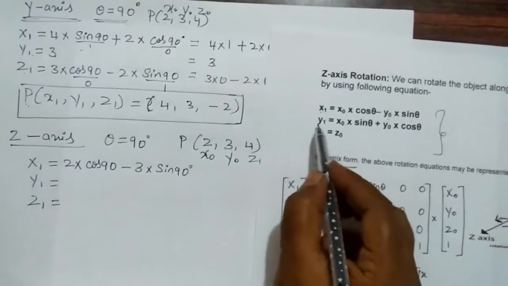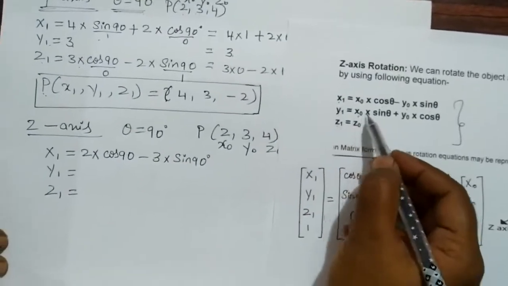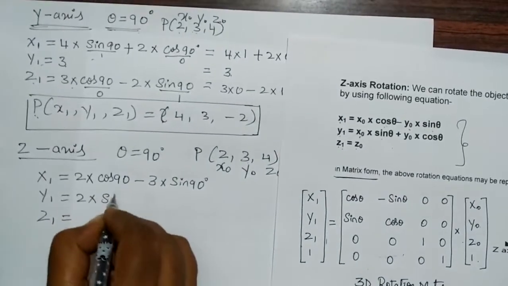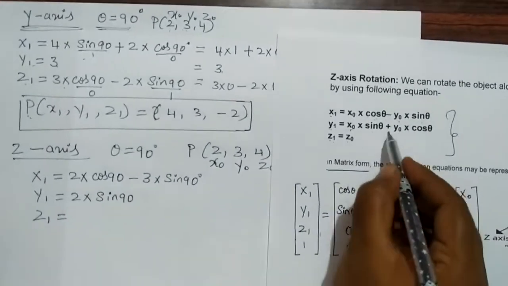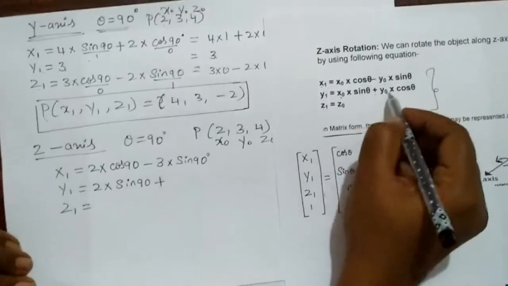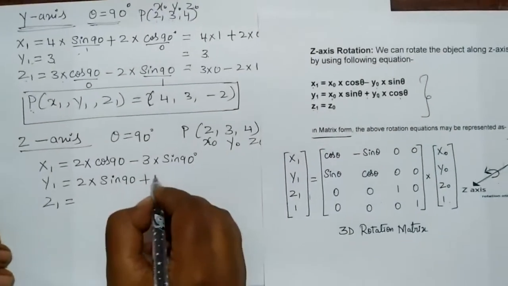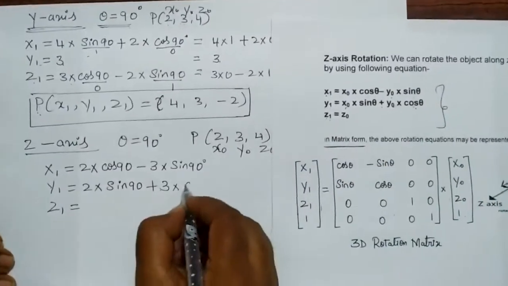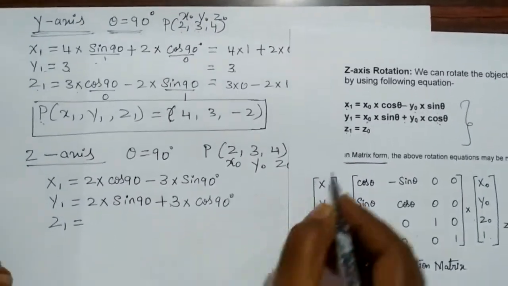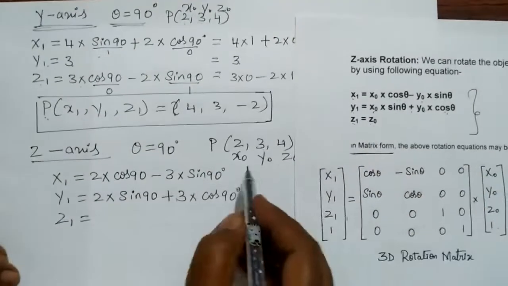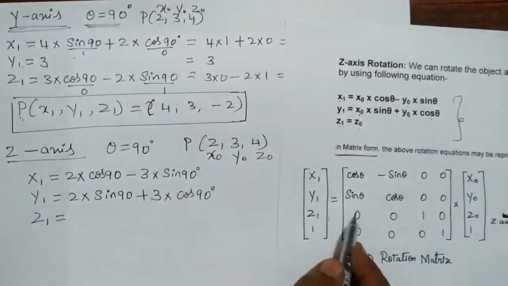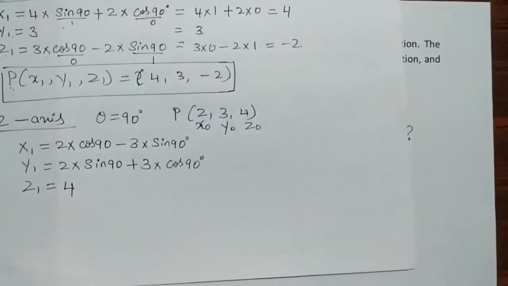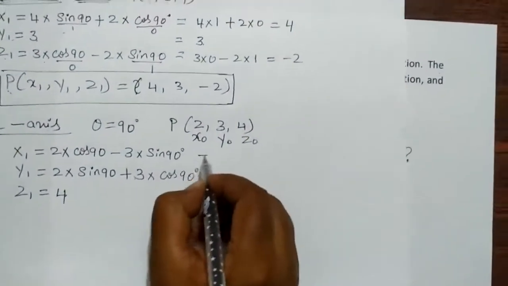Next, y1 will be x0 into sin theta, so 2 into sin 90, plus y0 into cos theta, so 3 into cos 90. And z1 will be z0, which is 4. So using this equation we got the new coordinate values like this.